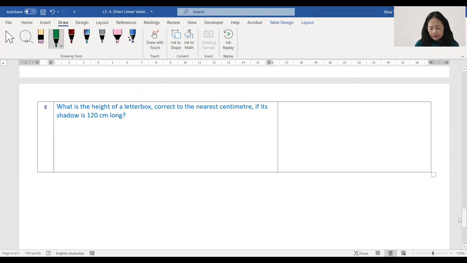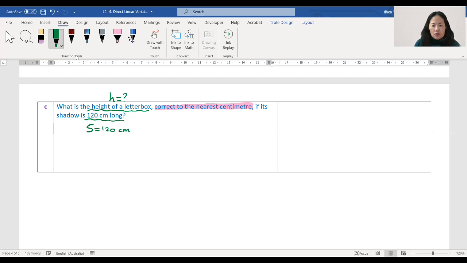Okay, the last one. What is the height of a letterbox? So that is h, we don't know. It's a good idea to put which part it is, whether representing S or h. And a special condition here is correct to the nearest centimeter. Be very careful about that. After you've done a wonderful job, if you didn't write it to the nearest centimeter, you won't get full marks. Now here, the shadow length S is 120 centimeters.